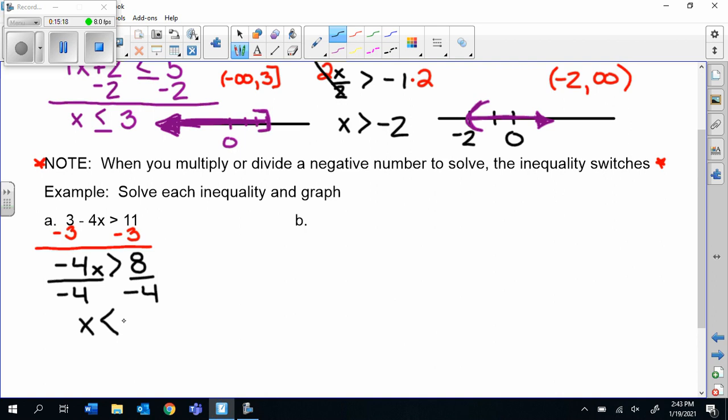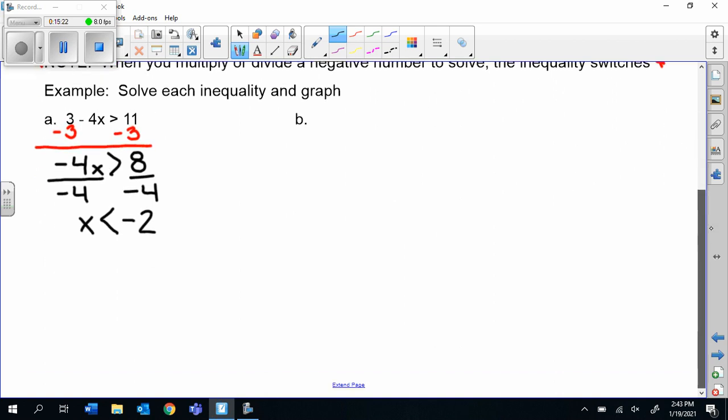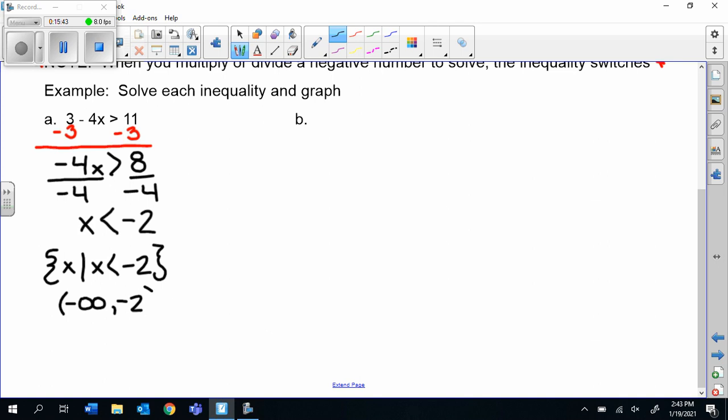And if there was no equal sign before, there's no equal sign now. So if I want to rewrite that in set builder, I could rewrite it like this. To practice our interval notation, which never goes away, it would be negative infinity to negative 2.